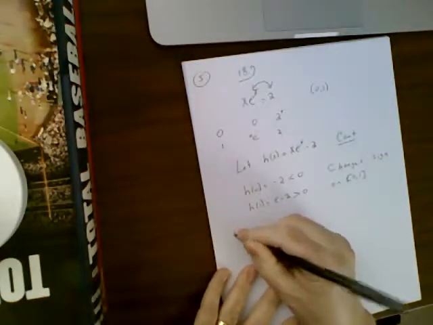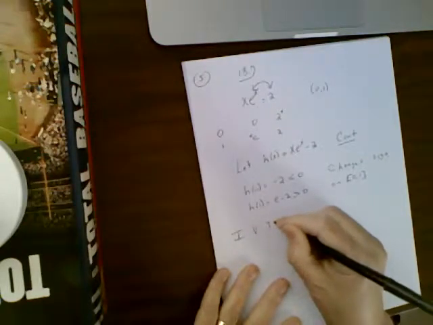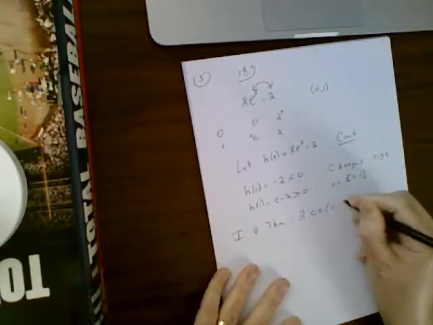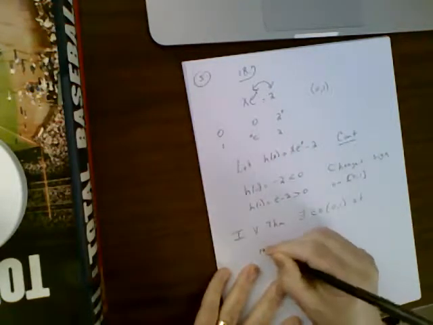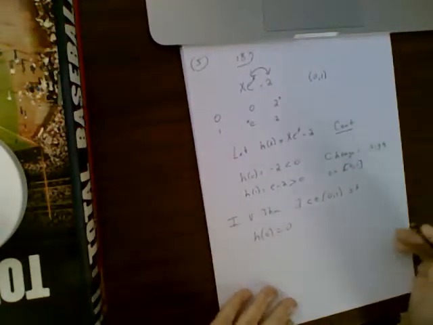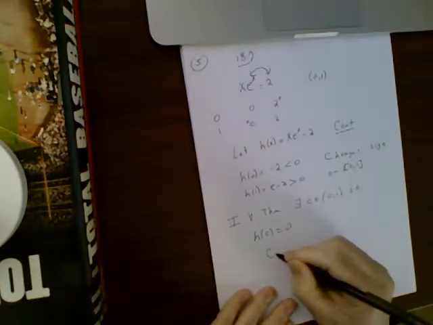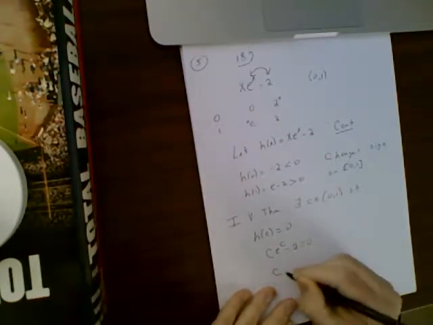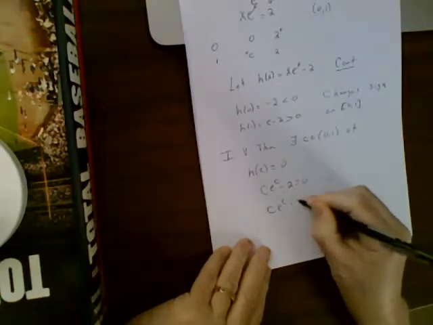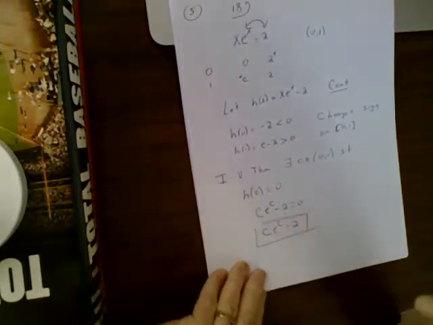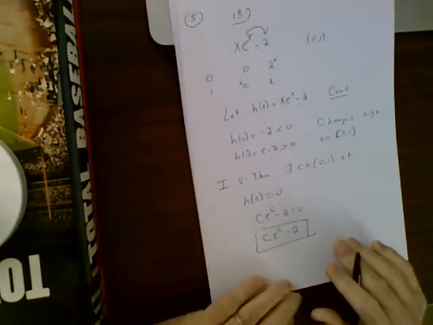So the intermediate value theorem says there's some point in the interior such that h of c is equal to 0. But h of c being equal to 0 says that c e to the c minus 2 is 0, or c e to the c is equal to 2. So again, the main idea, just like the previous problem, so these are very complementary problems.